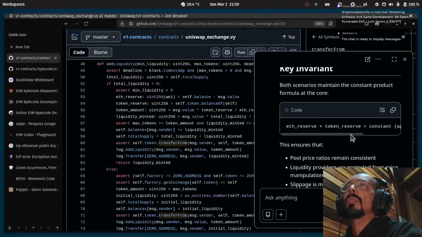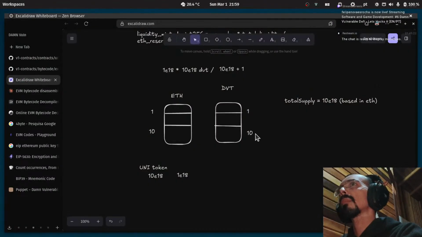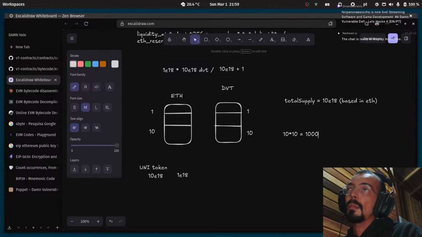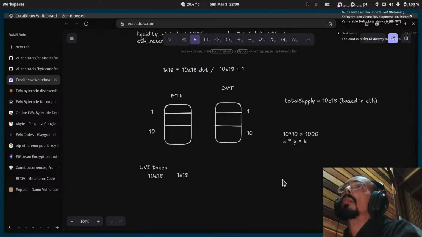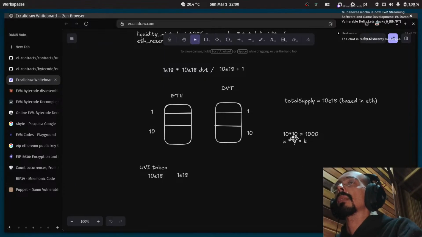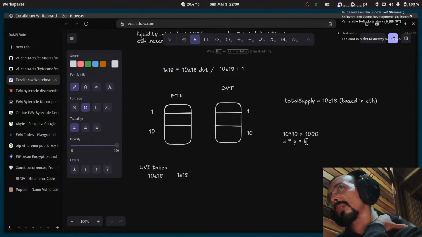In that case, here, the constant should be 10 times 10. That's the formula for, I think, x times y equals k, right? If I'm not crazy, if I remember correctly. And now that should be constant.